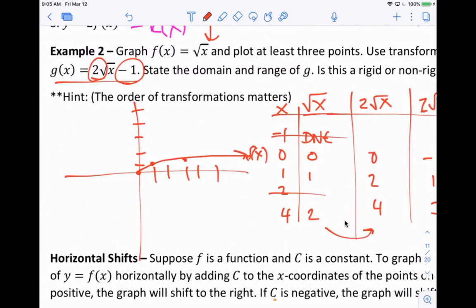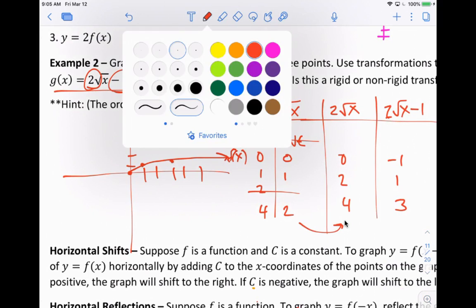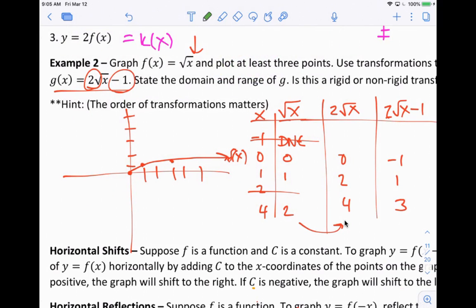All right, so g of x is going to have those same x values, but this time it's going to be 0, -1, 2, 1, and out 4, up 3. And so we can definitely see that 2 stretch, right? It's definitely twice as big, and it's down 1.